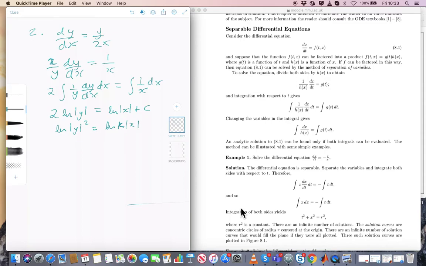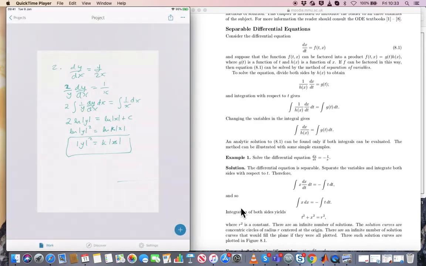Then if you take exponentials of both sides, we end up with a final solution that mod y squared is k mod x. So here is the solution for this separable differential equation. Now again, we need to know, what do these solution curves look like?